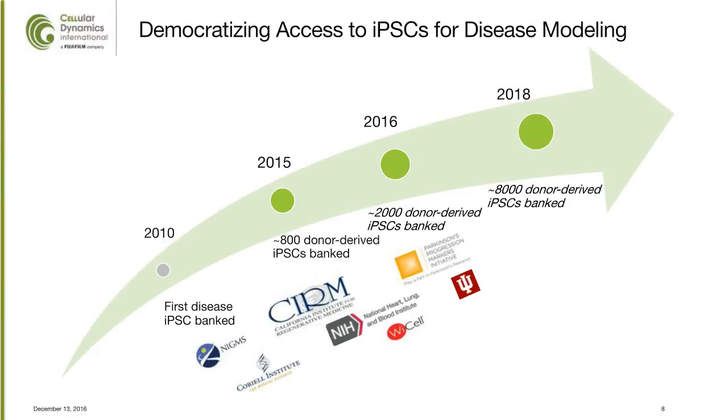And the projection for 2018 is around 8,000. And these are across different disease backgrounds, from neurological disorders and cardiac disorders, hypertrophic cardiomyopathy, dilated cardiomyopathy, and some neurological disorders. And some of them are disorders that affect the hepatocytes and different systems of the body.